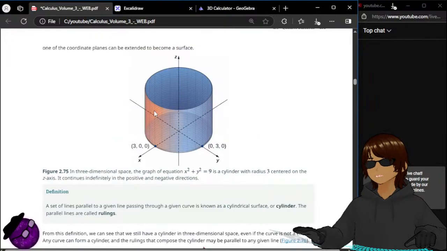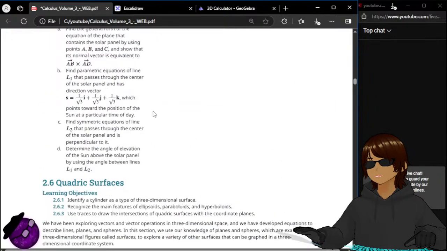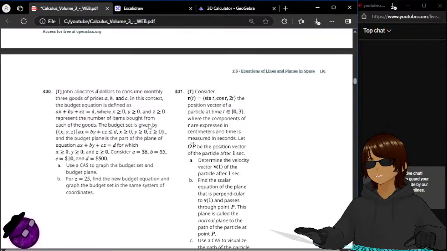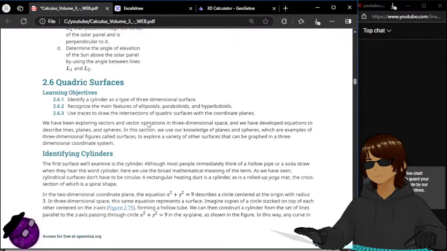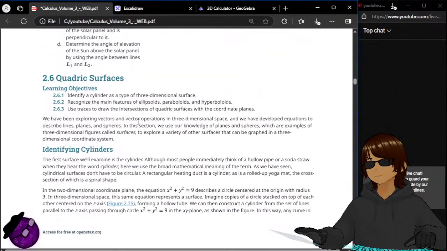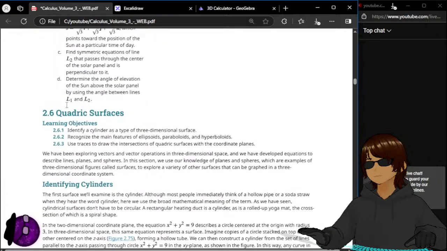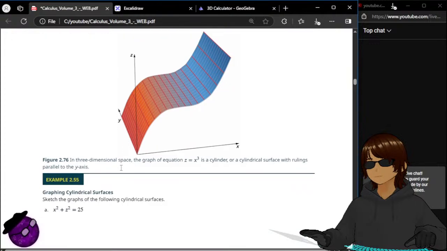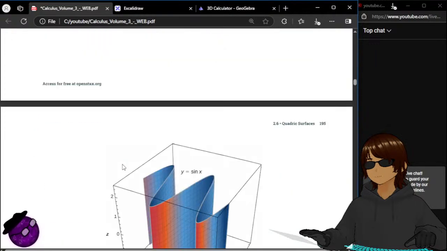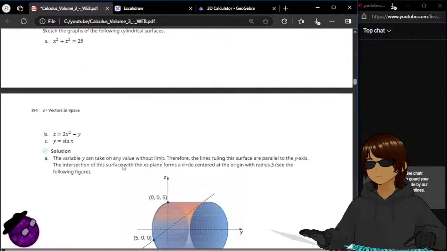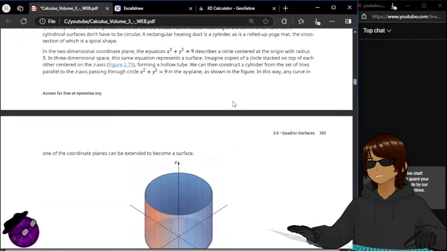Quadratic surfaces. Because there are some things I need to study off stream, I'm still getting confused by a few things. Okay, I think I will leave this for the next stream.